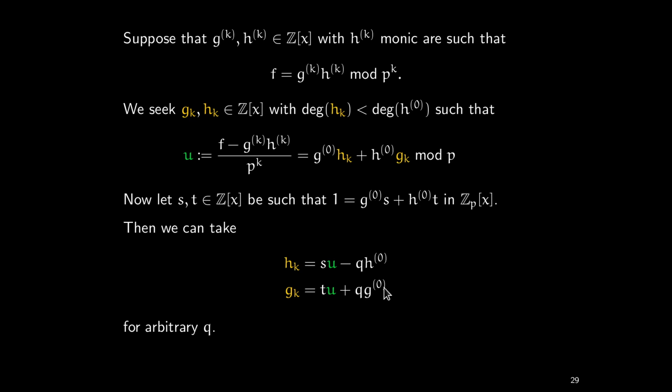This is a degree of freedom that I still have, and with this degree of freedom I can make this happen, because I can choose as q the quotient of the division of s times u by the h0, and then this will be the remainder, and the remainder has a lower degree than the h0. And that's it. This is called Hensel lifting.